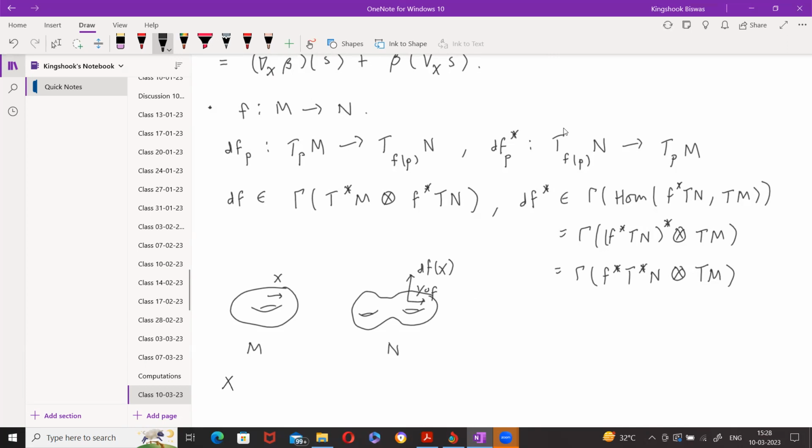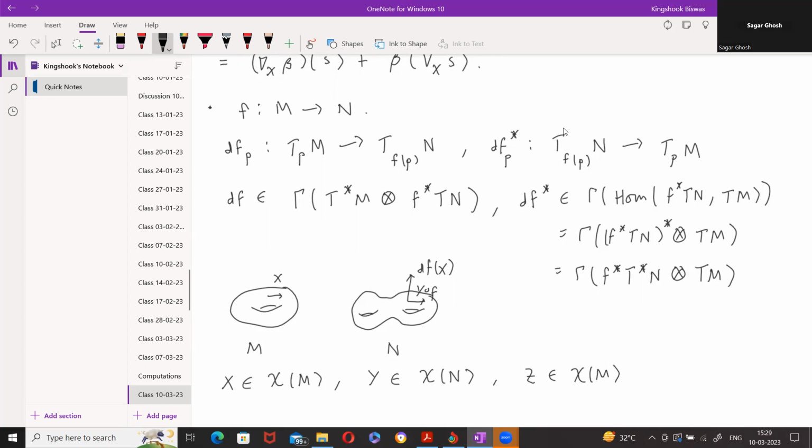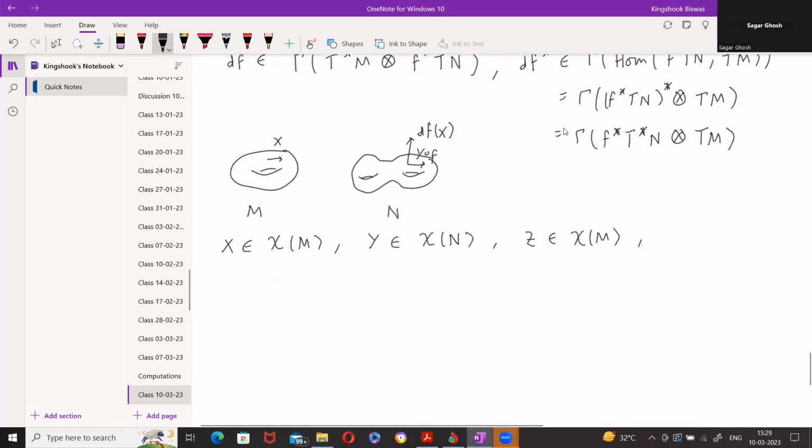Okay. So what am I doing? X is a vector field on M. Y is a vector field on N. And let me take another vector field Z on M. Then I can look at Z acting on the inner product of DfX with Y composed with f, right?